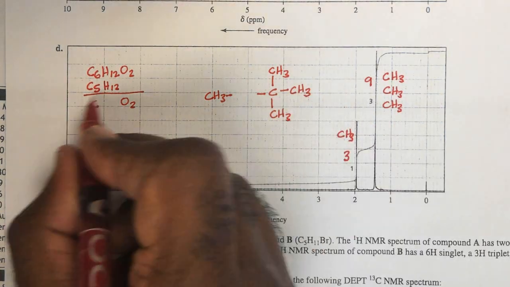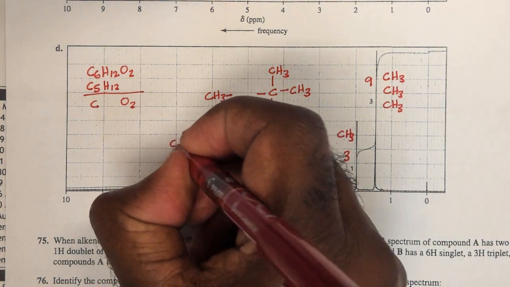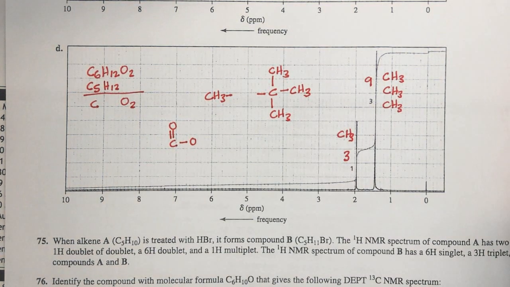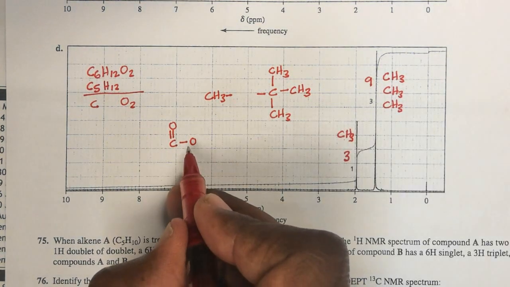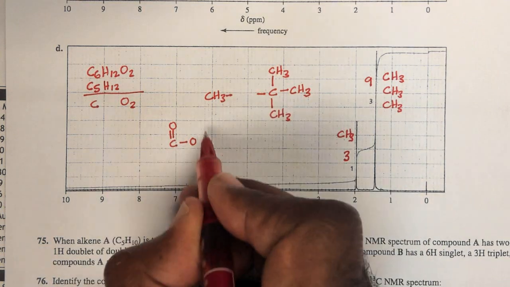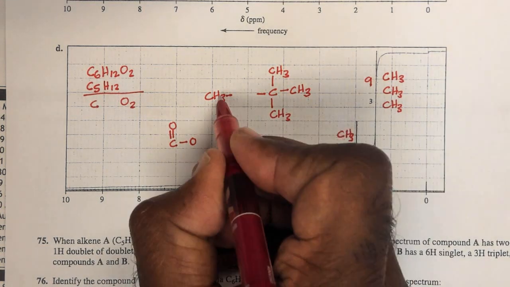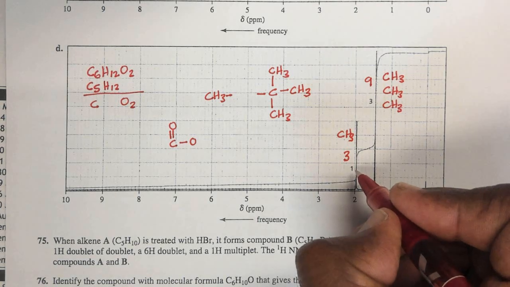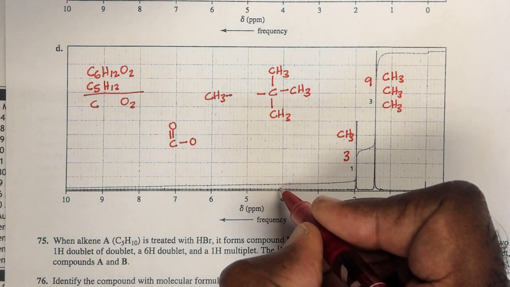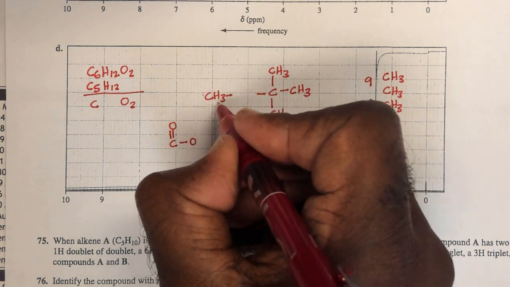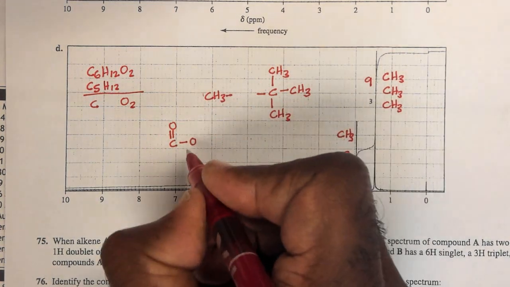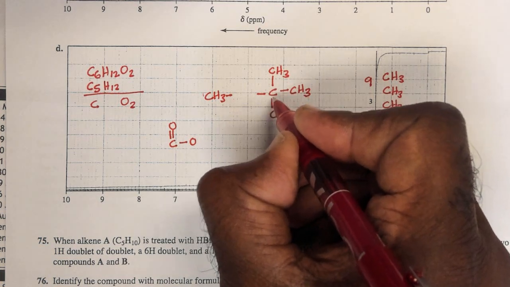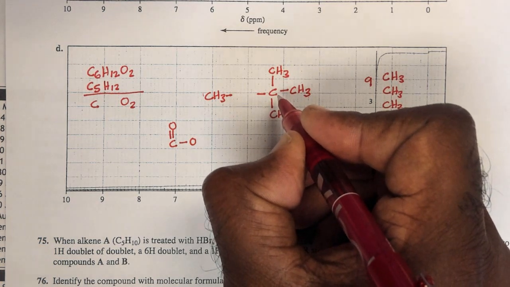So to get a fragment like this, to join that structure together, I need something like that. Now what if I join this group with the oxygen to this CH3? That would mean that this CH3 would be shifted to somewhere around 4. So I can't put the oxygen next to the CH3 group here. I would need to put the oxygen next to this carbon because we don't see any protons on this carbon.